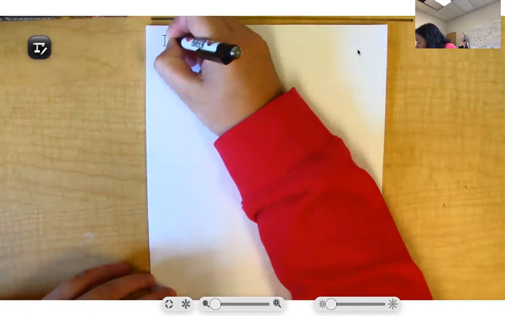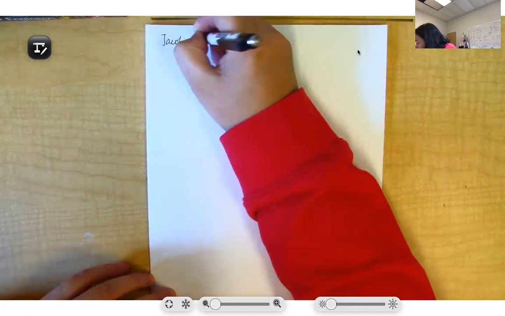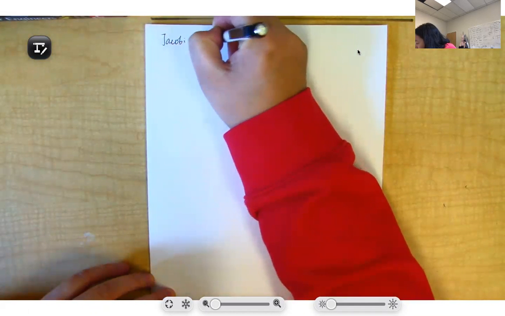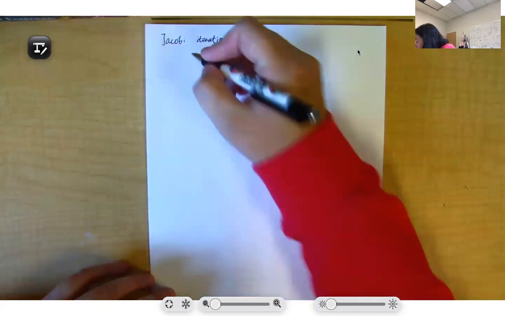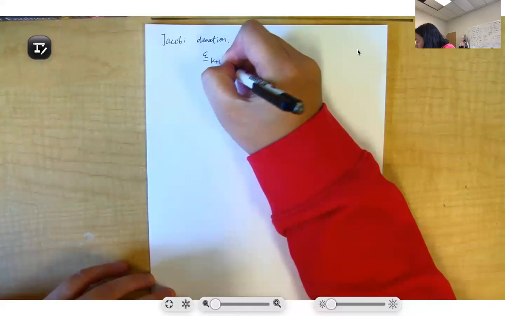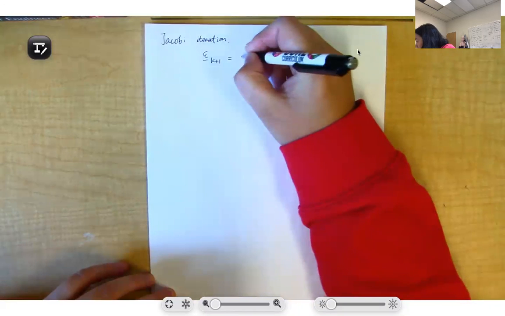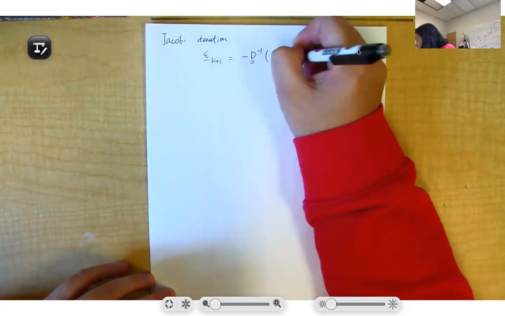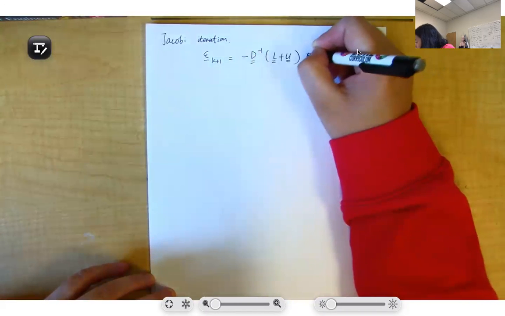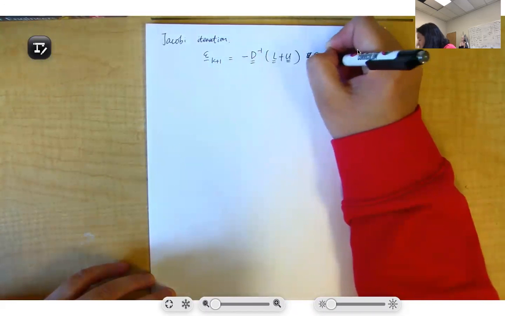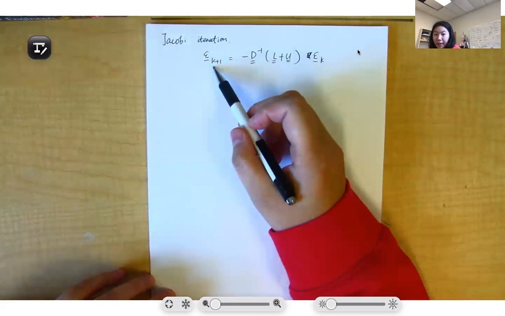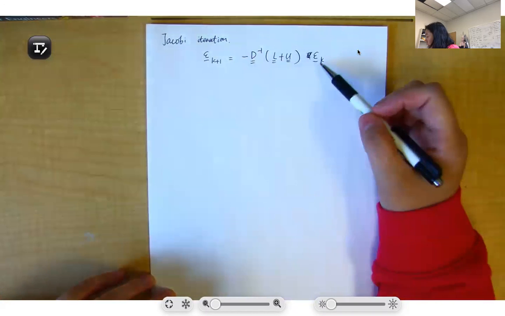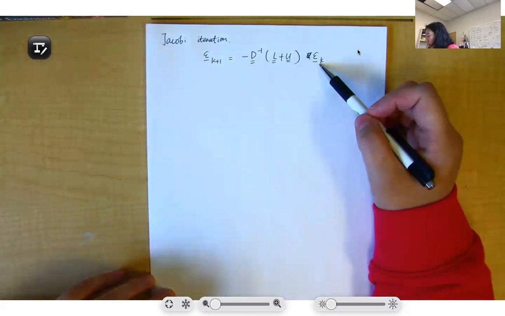For the Jacobi iteration, just to recall what we have derived before, the error at k plus 1 will be equal to negative D inverse (L plus U) times the error at k. So this is the error for the next loop, and this is the error of the current loop.